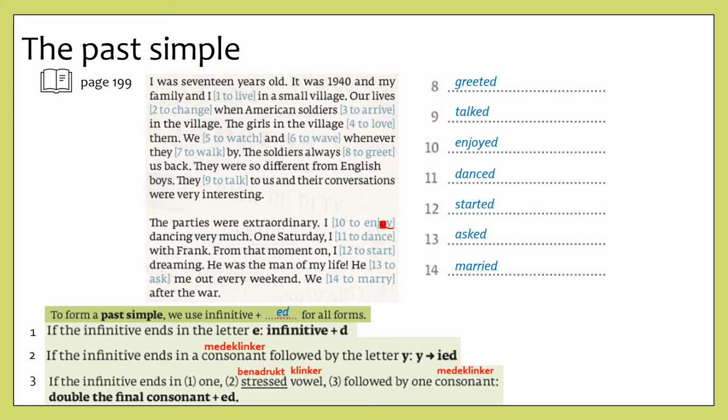Here the second spelling rule does apply because I have to marry, which ends in a Y. Before my Y, I have a consonant. Er staat een medeklinker R voor mijn Y. Vandaar gebruik ik hier wel IED.